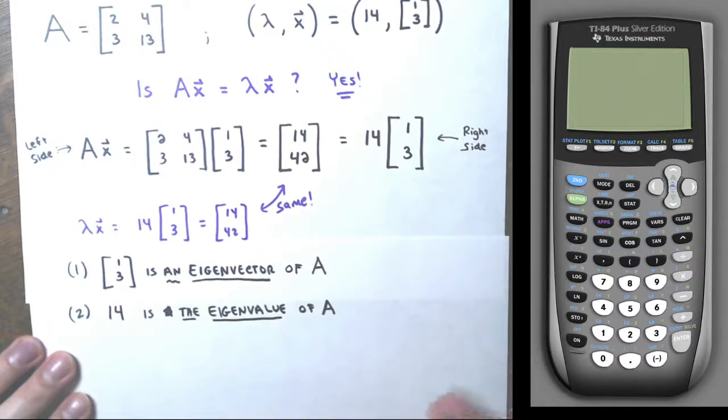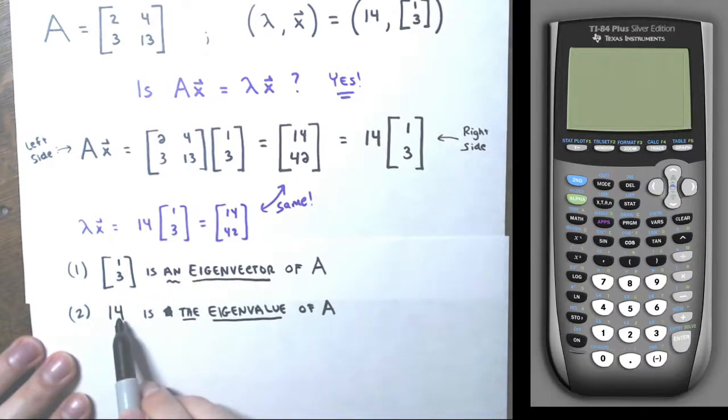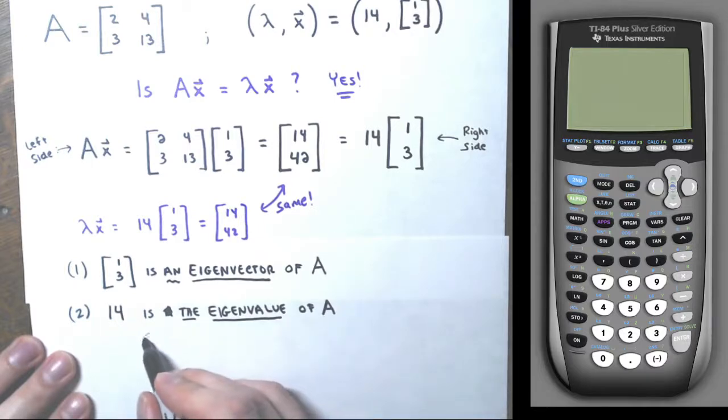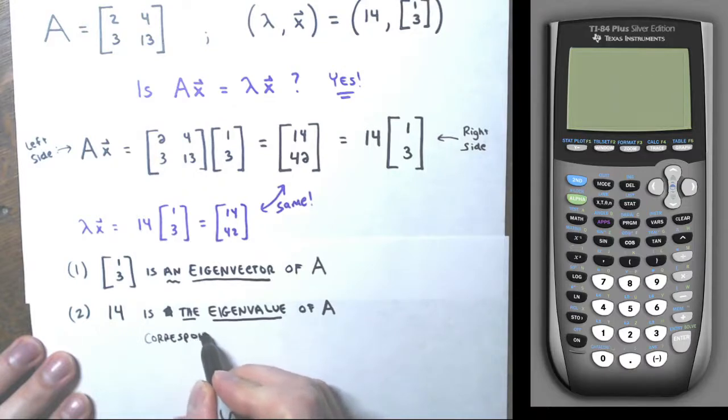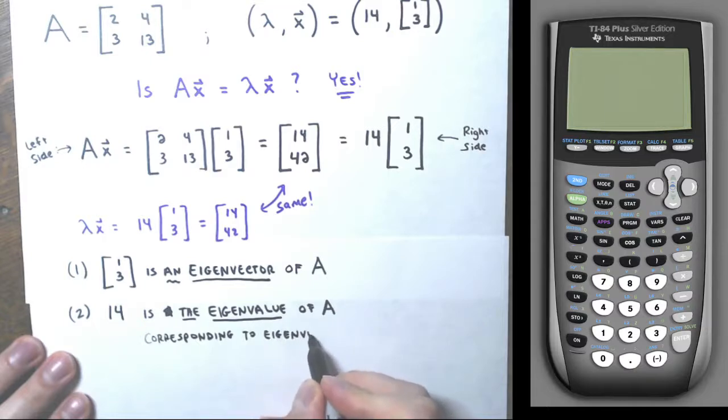Now, A can have more eigenvalues, corresponding to different eigenvectors, but for this particular vector, the output is only going to be 14 times it, the only one that I get. So 14 is the eigenvalue of A corresponding to eigenvector 1, 3.